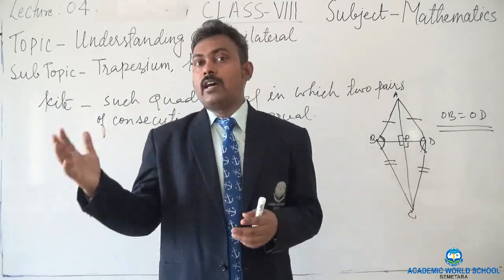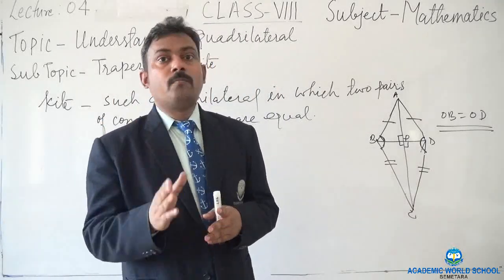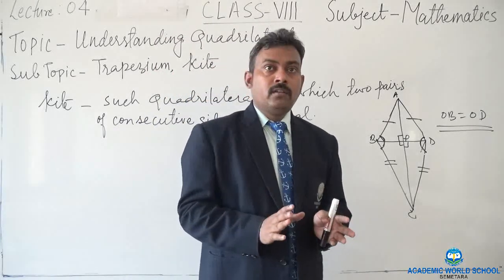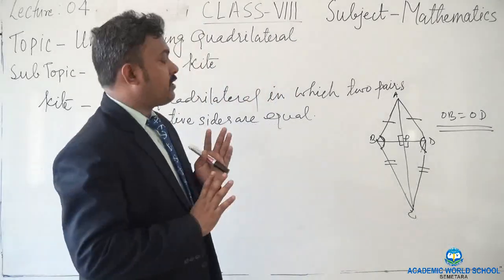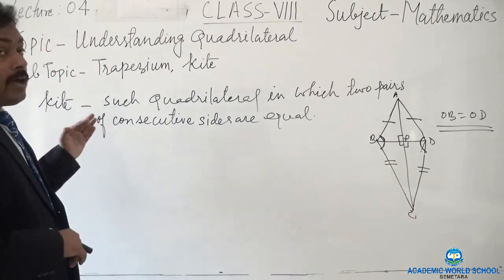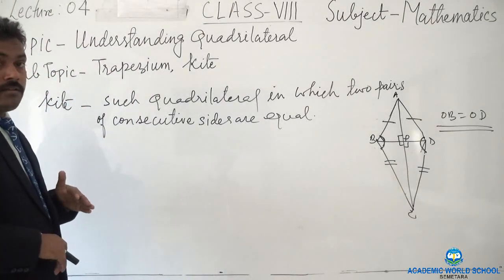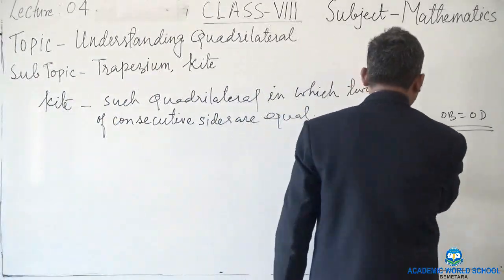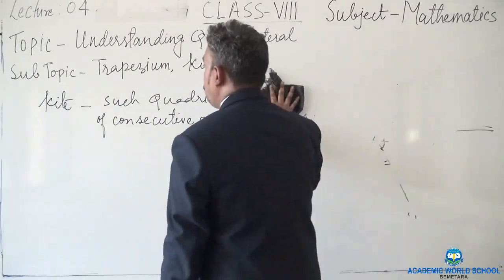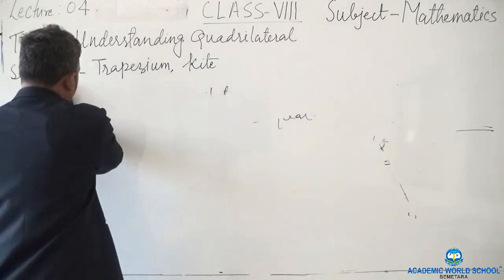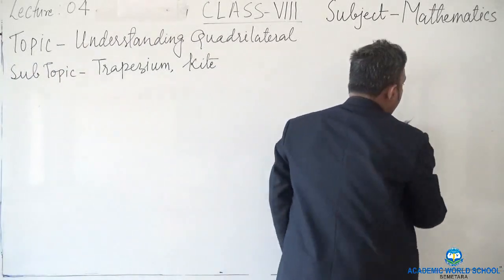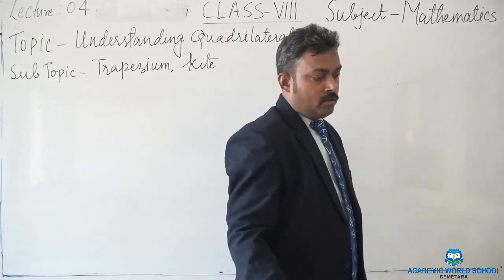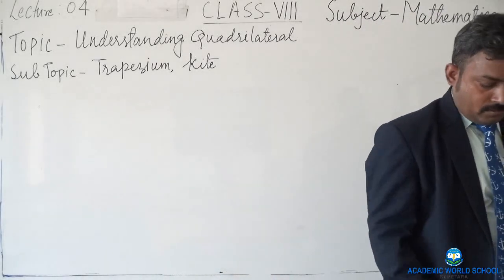So all squares are rhombus, but all rhombus are not square. Right? So this was the comparison of properties. Now let's see some questions related to this chapter. Using these properties, you have to do some problems.